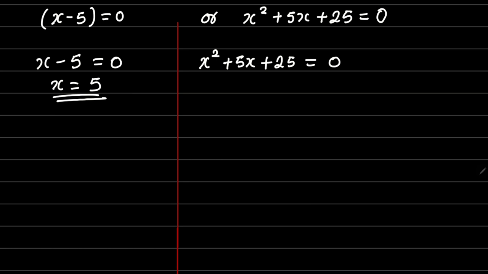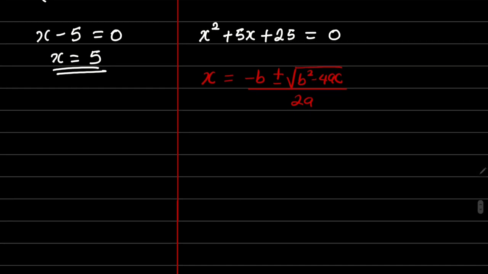This is not factorizable. Then we revert back to the quadratic formula, which says x is equals to minus b plus minus root of b squared minus 4ac all over 2a. How do I get my a, b, and c? Now recall that what we are given is x squared plus 5x plus 25 is equals to 0.